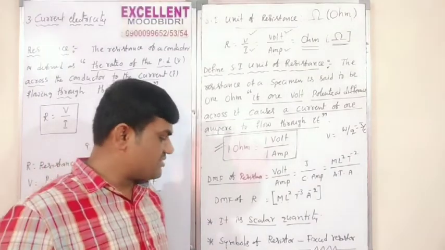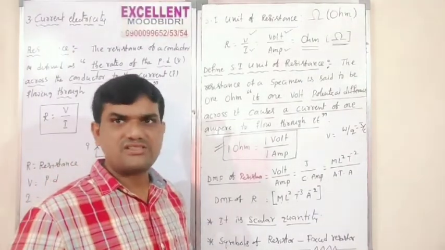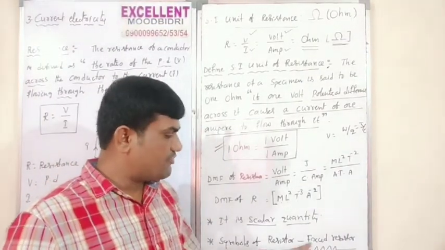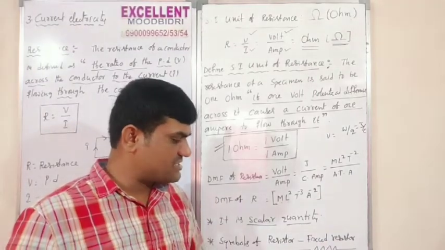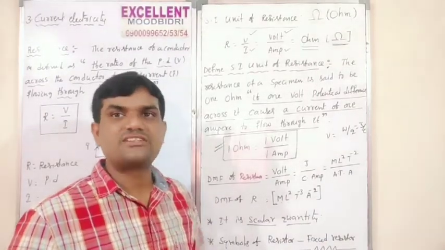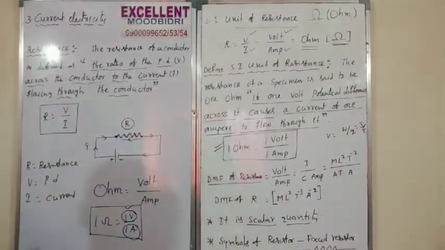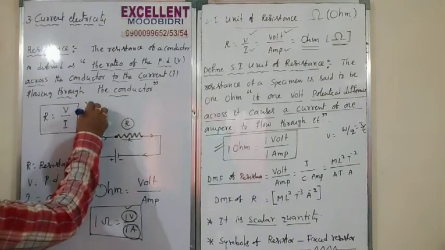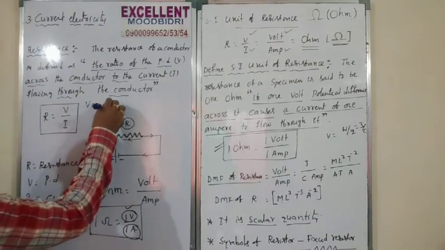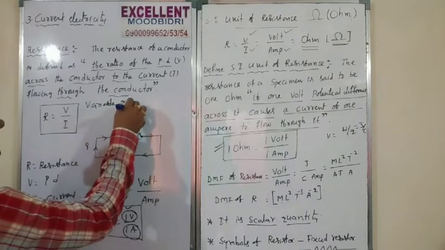Next, the symbols of resistor. Fixed resistor symbol we can represent like that. This is a fixed resistor. Similarly, one more will be there. What is the variable resistance?